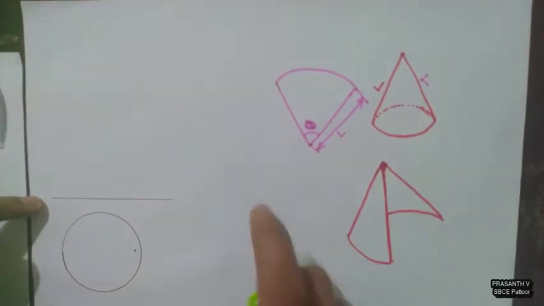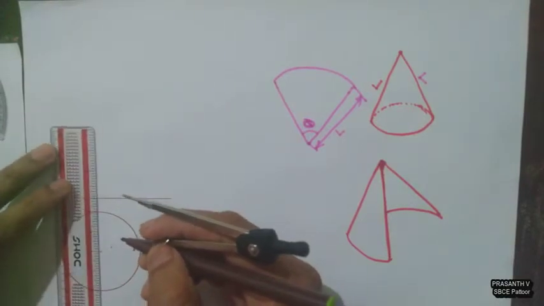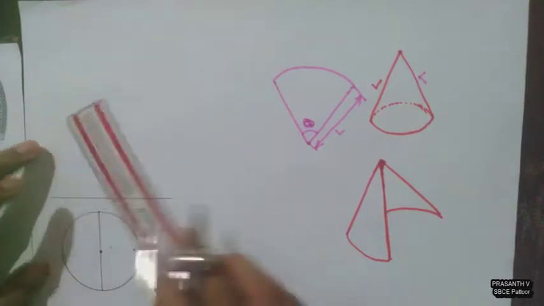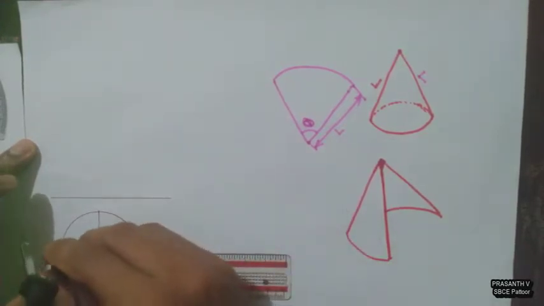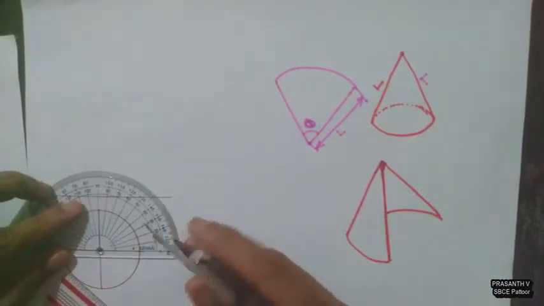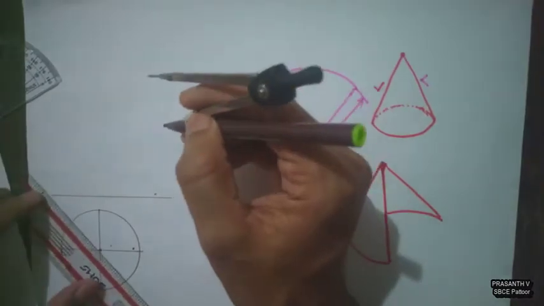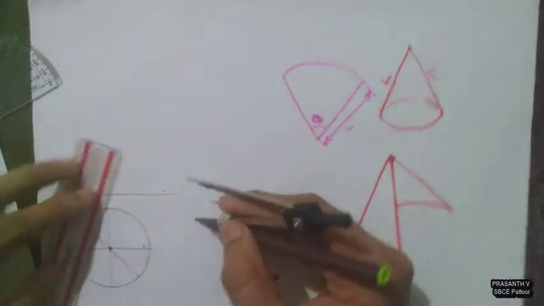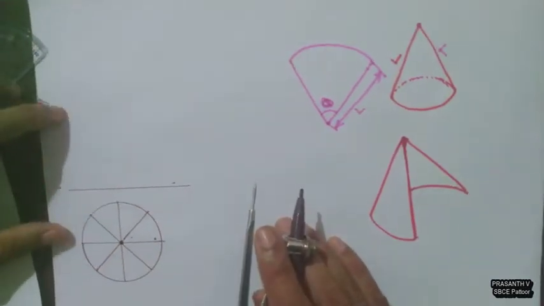Now divide the circle into 8 equal parts and name it accordingly.